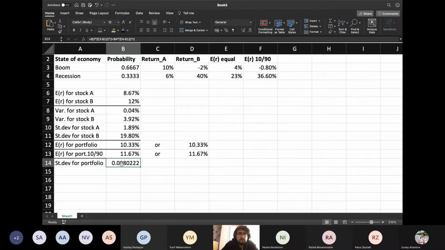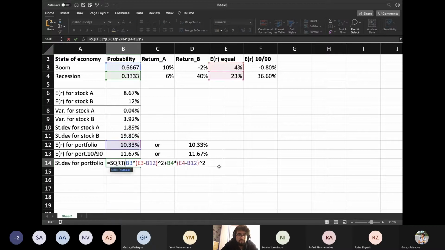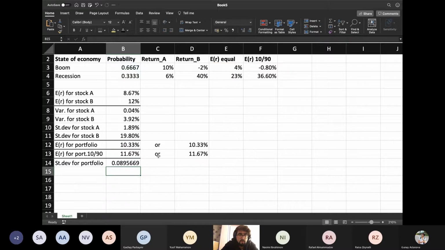So this is variance actually. In order to find standard deviation, just take the square root of it. .957%. That's it.